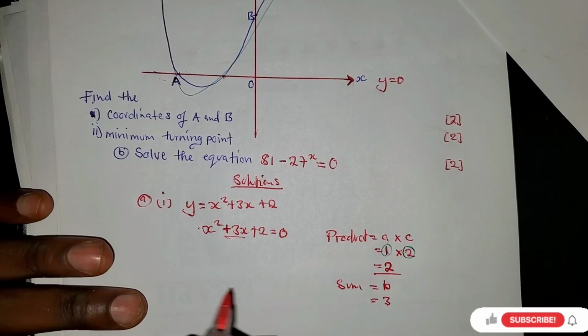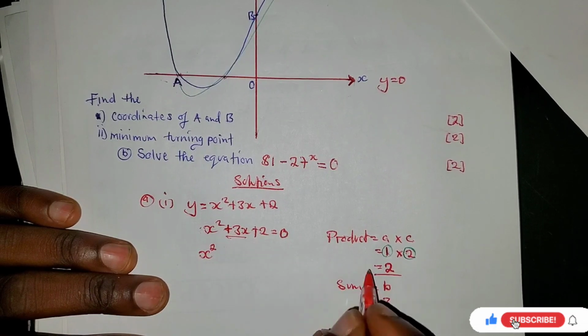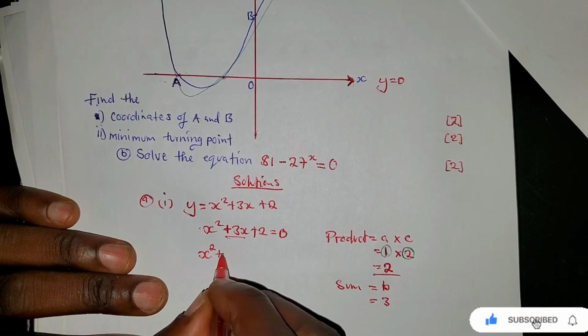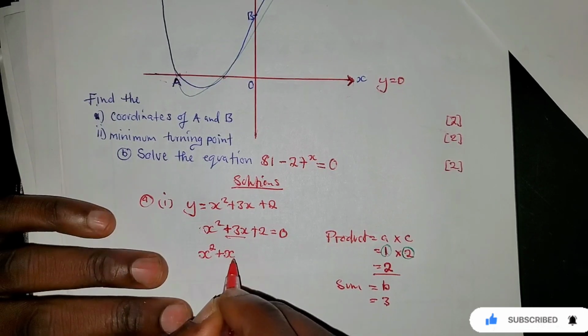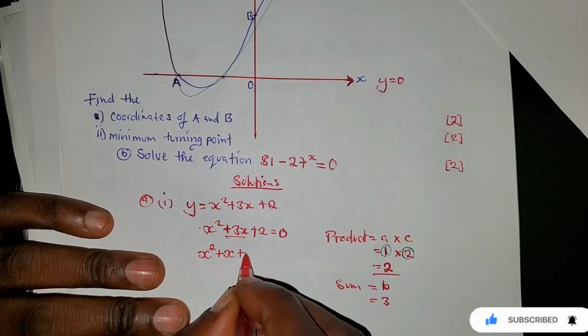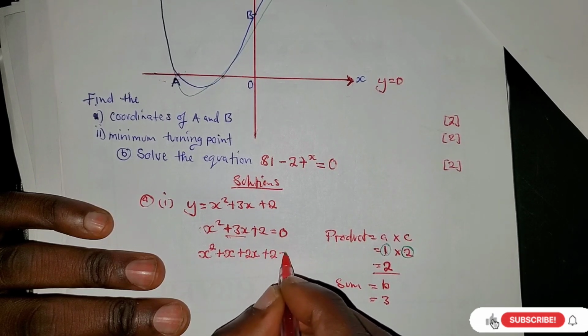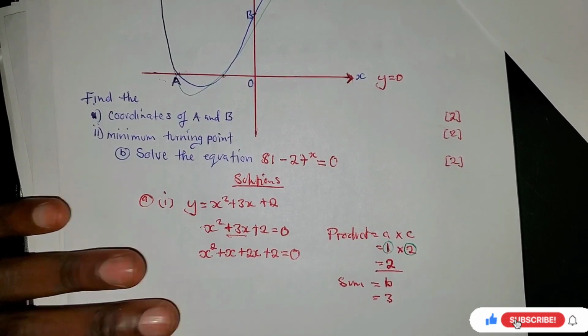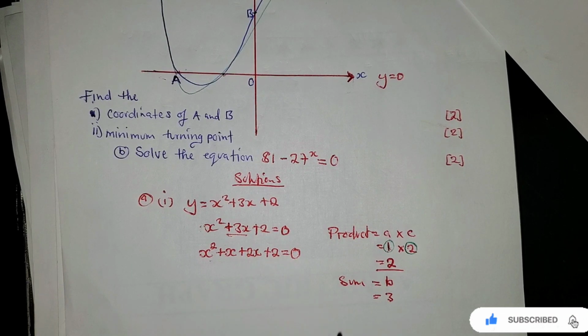That's the whole essence of doing this. So it will be x squared plus 1x plus 2x plus 2, is equal to 0. Now we have 4 terms, we can factorize by grouping.